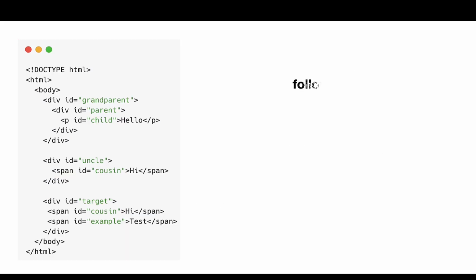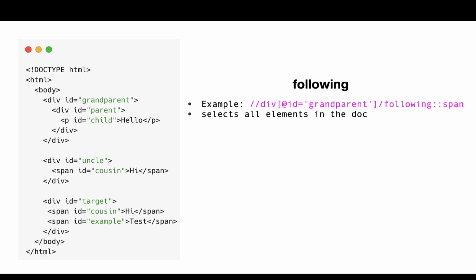Okay, next is following. How does it work? You can correlate it with this example. Here I'm selecting the div which has id grandparent and following span, similar to the previous example. But what will happen here, following selects all the elements in the document after the current node, regardless of hierarchy.